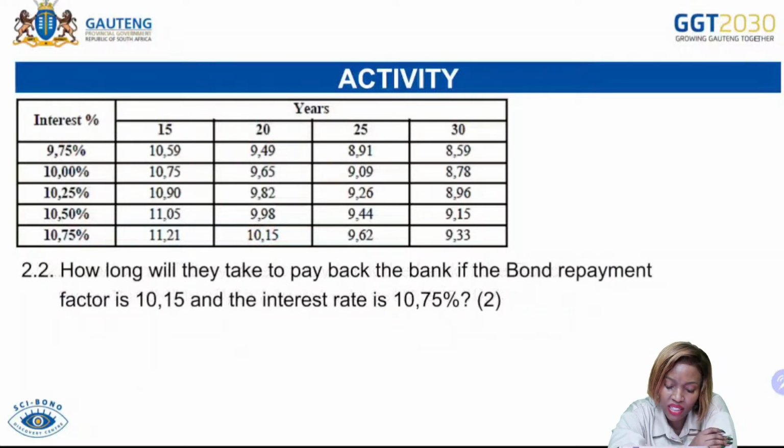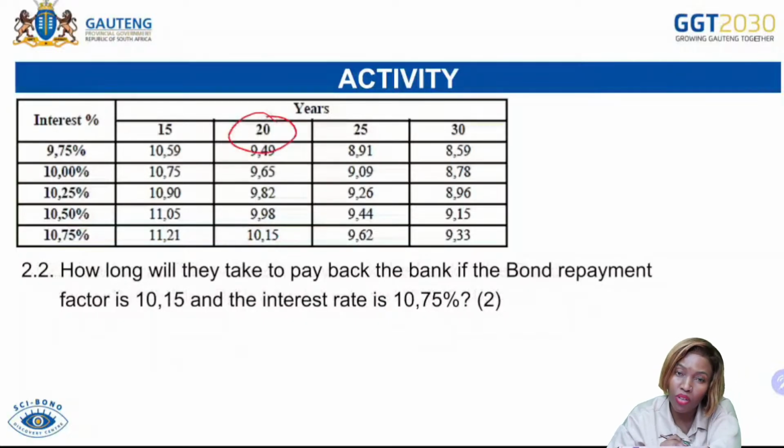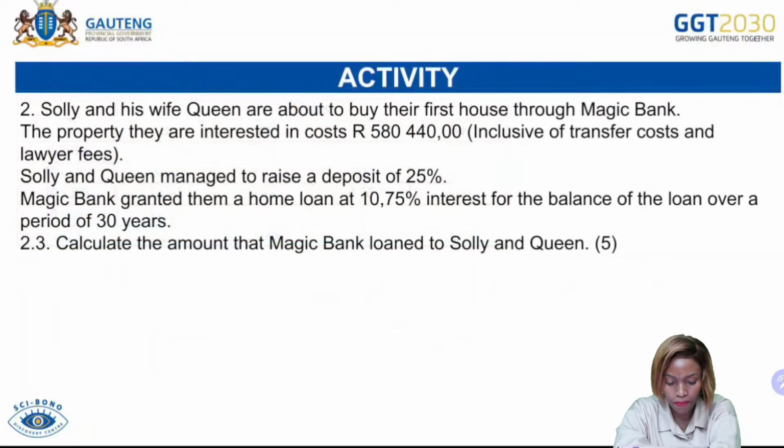How long will they take to pay back the bank if the bond repayment factor is 10.15 and the interest rate 10.75? We already answered this and we agreed that the number of years would be 20 years. Calculate the amount that Magic Bank loaned to Solly and Queen.